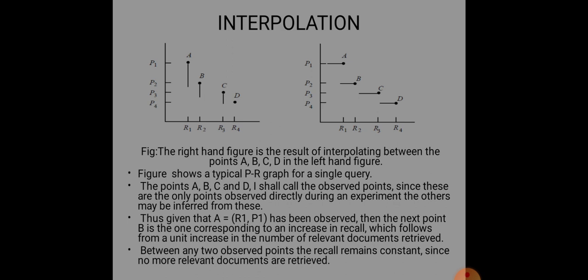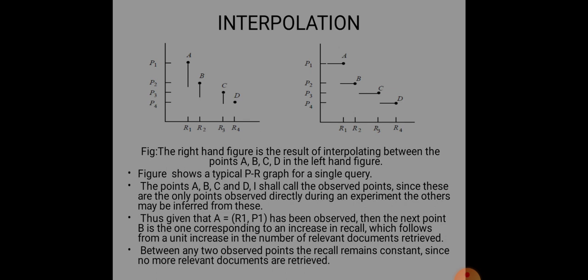So we can say that the recall is the same in between A and B. That is why we put a line in the right hand figure in between R1 and R2 up to B. So from A to B, we use the same R2. That particular process is called interpolation. So the right hand picture is the interpolation output of the left hand picture.